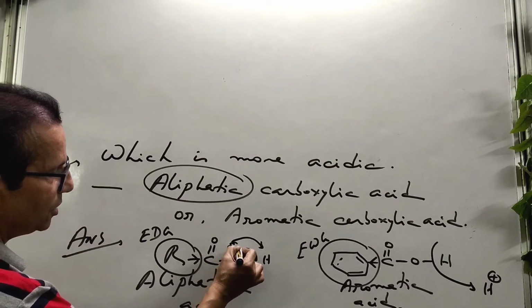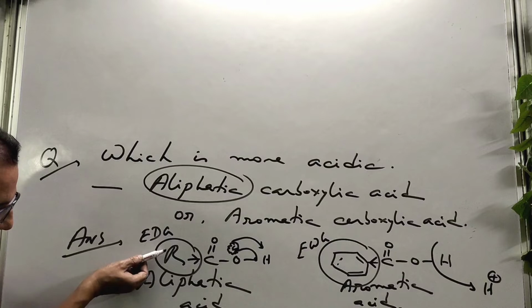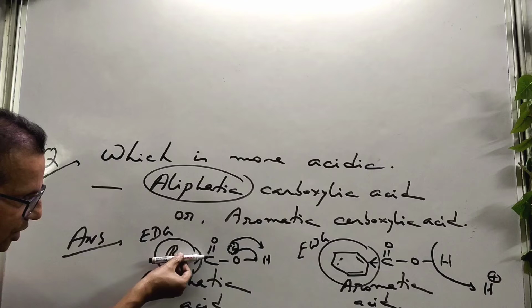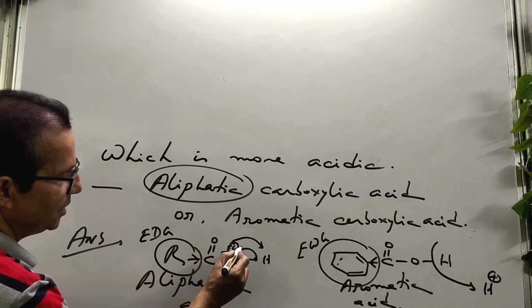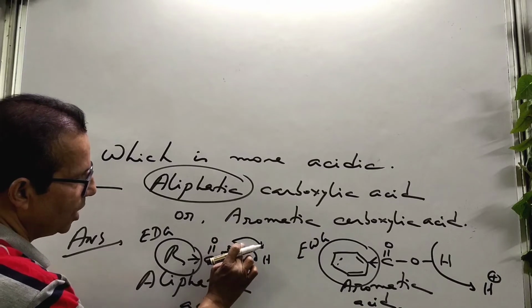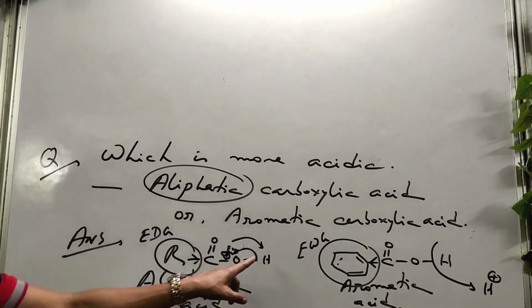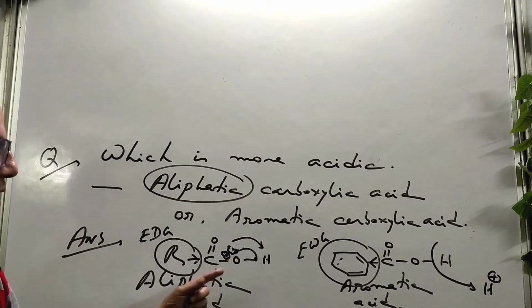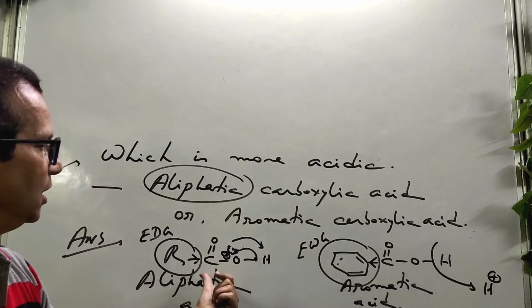Now, from this side, the alkyl group, as any alkyl group has electron donating nature, donates electron. Whenever the electron cloud comes here, repulsion takes place. So some part of the electron cloud goes back towards hydrogen. That's why the releasing capacity of H positive ion of aliphatic acid becomes difficult to a certain extent. Hence we say that aromatic carboxylic acid is more acidic than aliphatic.